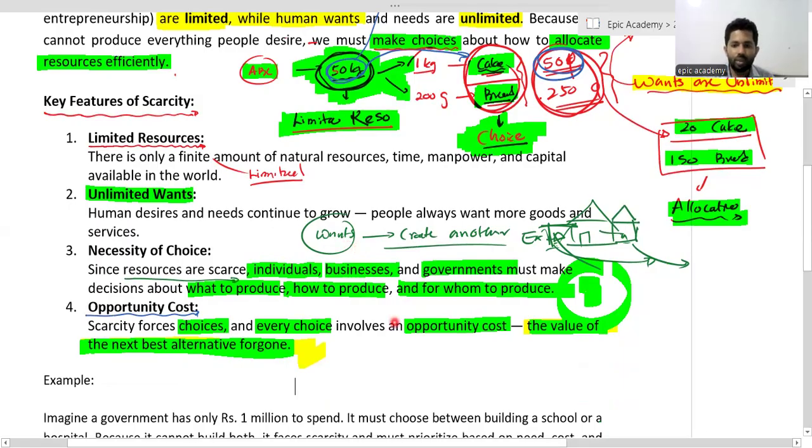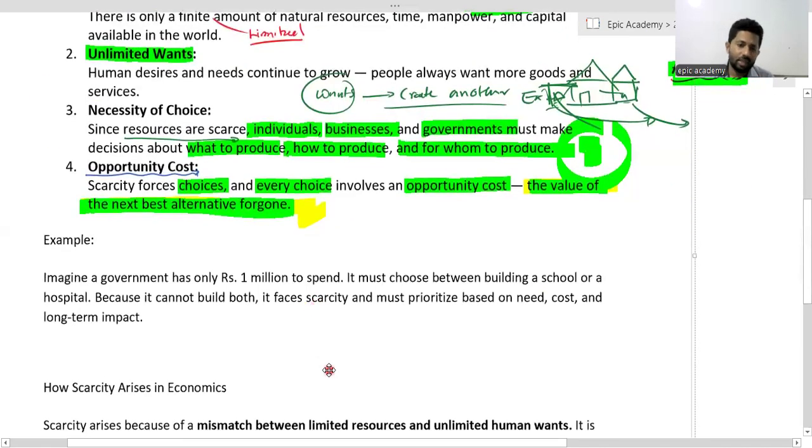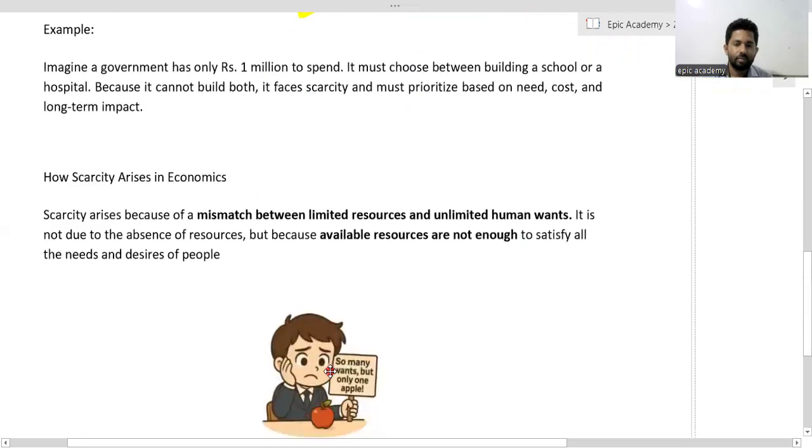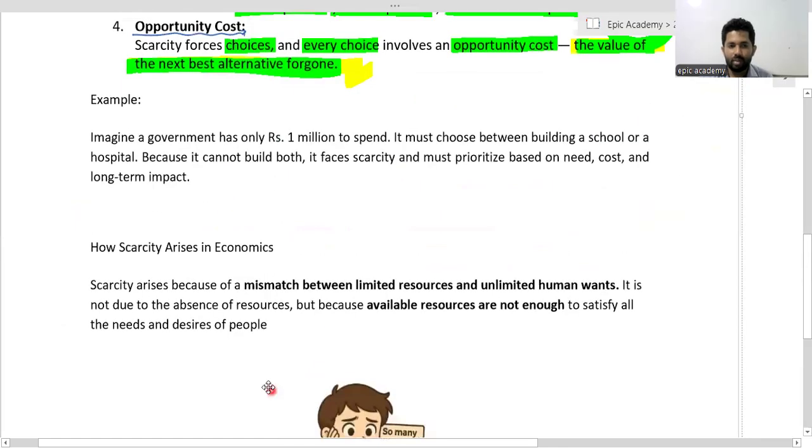That is what you need to identify here, because this is the central, fundamental problem. Without understanding scarcity, you cannot understand anything related to the economics subject.